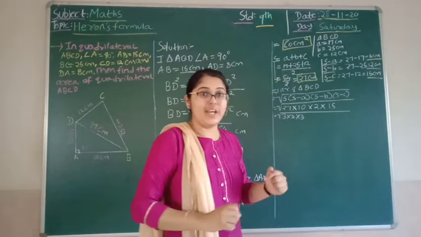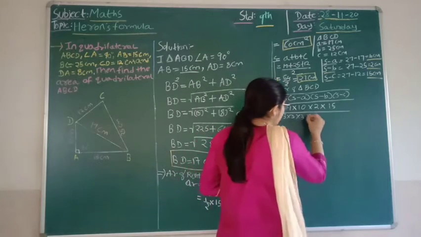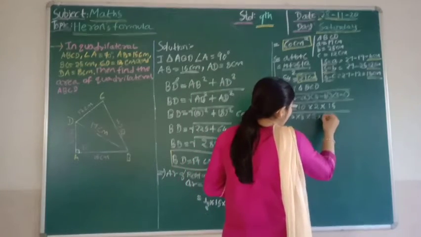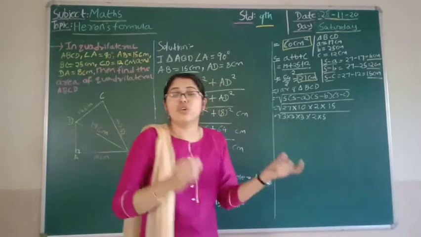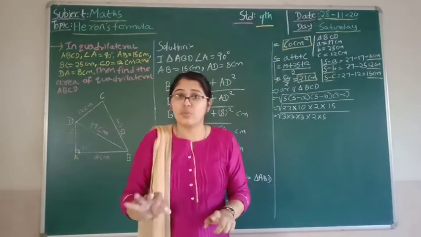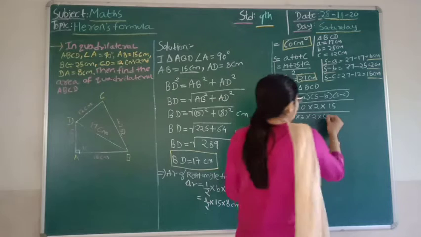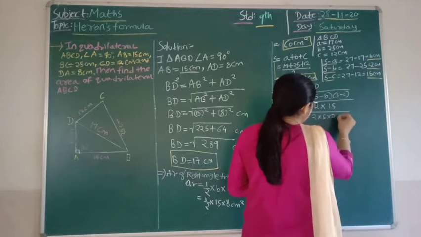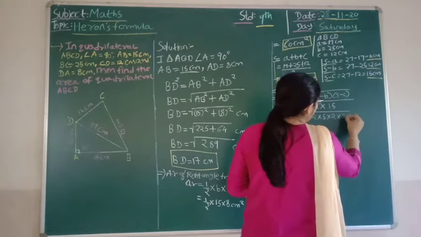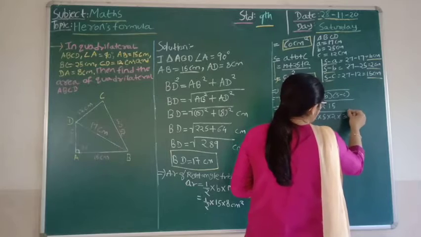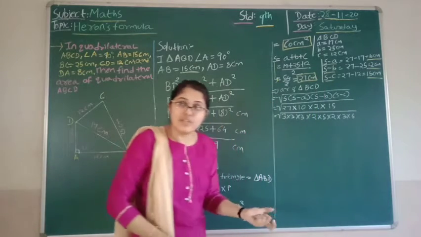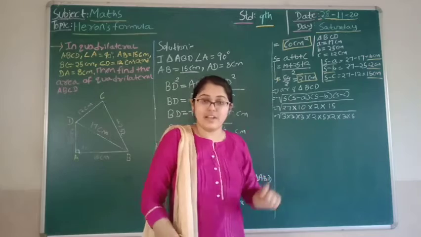Now we will go for 10. So 10 is nothing but 2 into 5, and the factorization of 2 and 5 is not possible. Again, 2 remains as it is. And for 15, 3 5s are 15. So this is how we can factorize it.